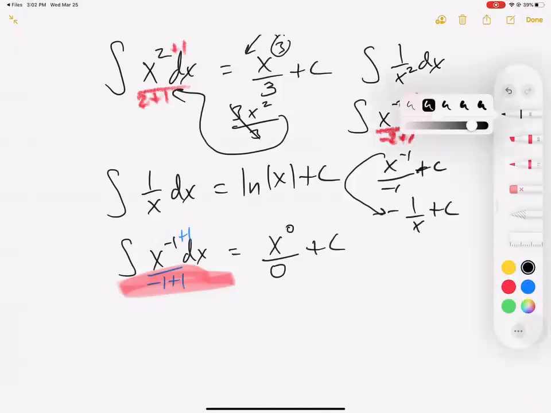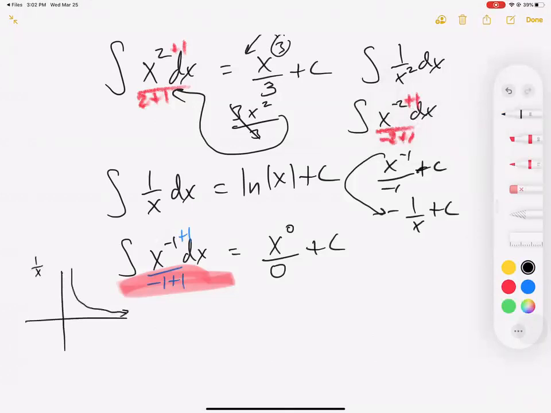So it turns out, even if we graph it, this is the graph of 1 over x. From pre-calc, you should remember the graph looks like this. And it turns out that when I go backwards from that graph, that's the natural log of x.